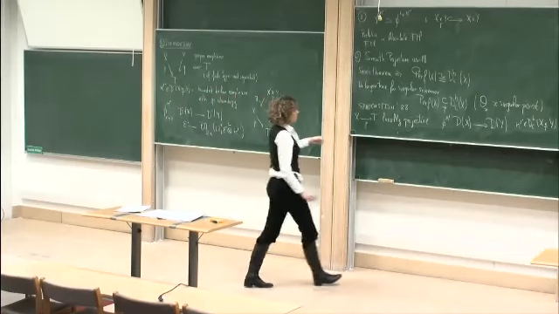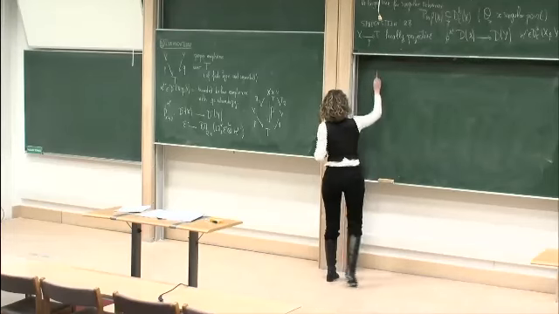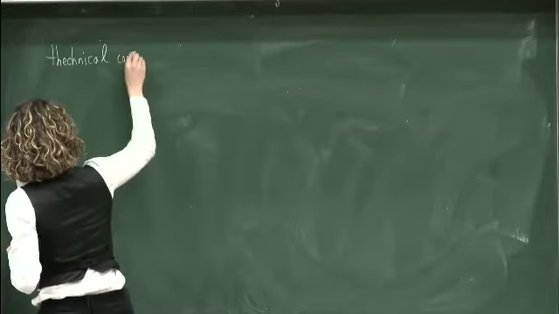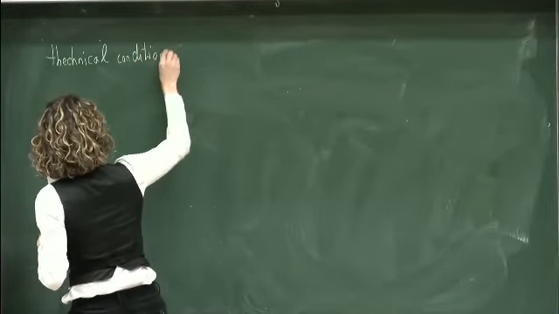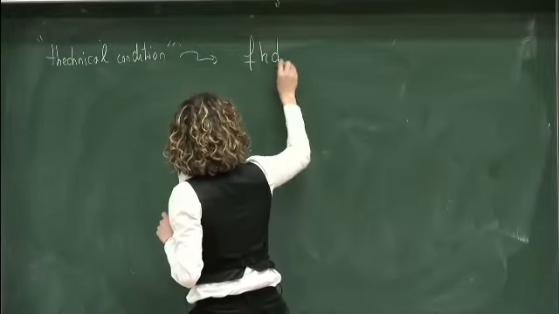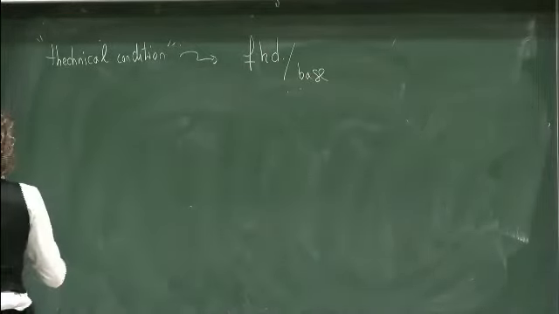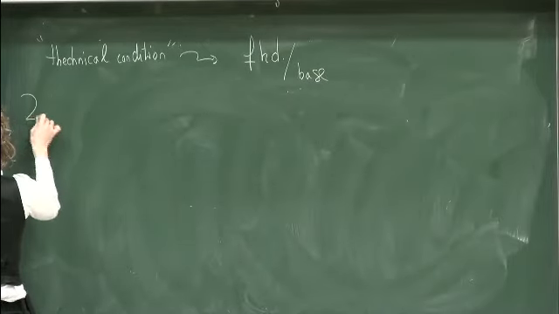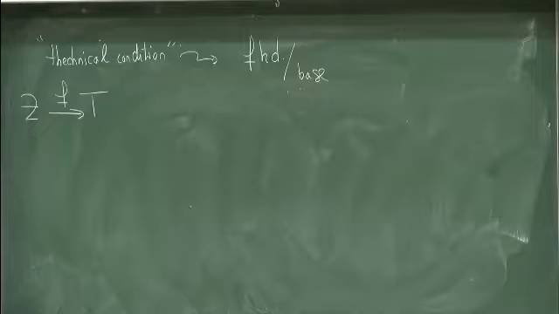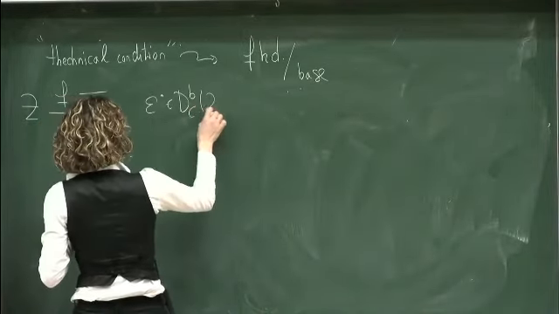Okay, so there is a technical condition in order to fix this, that is the notion of being of finite homological dimension over the base. Let me give you just the definition. So suppose that you have a morphism of schemes, and an object here in the fiber product.